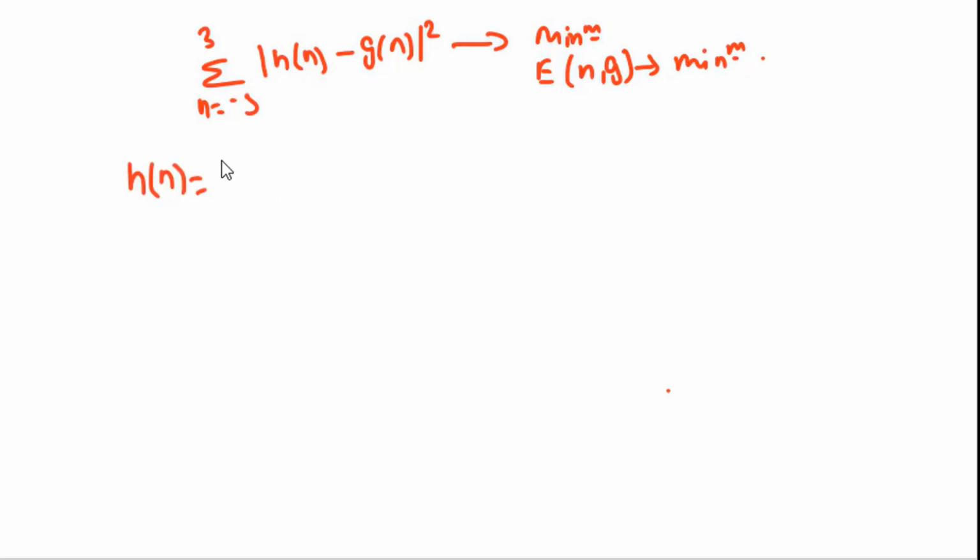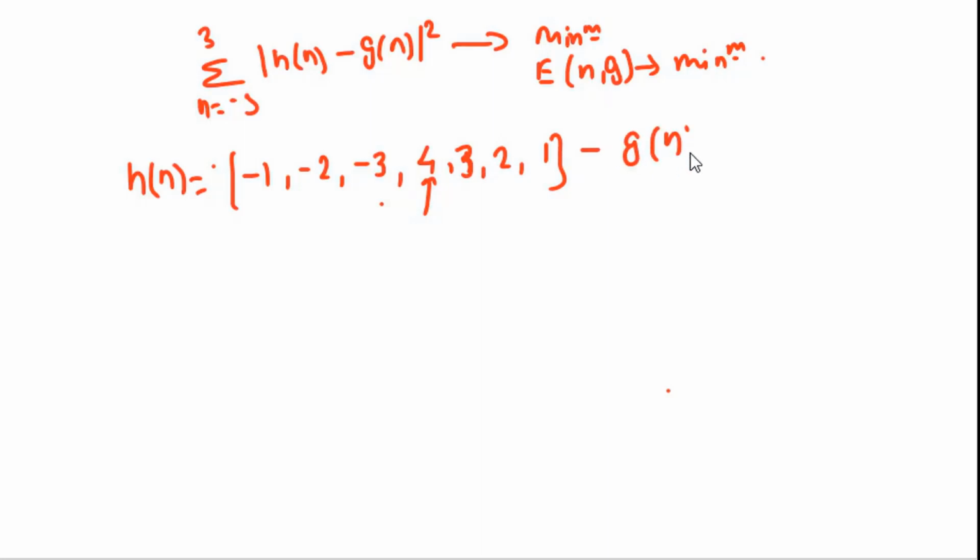You can see that your h of n is given by -1, -2, -3, 4, 3, 2, 1. So you need to subtract g of n from this such that this value is minimum.